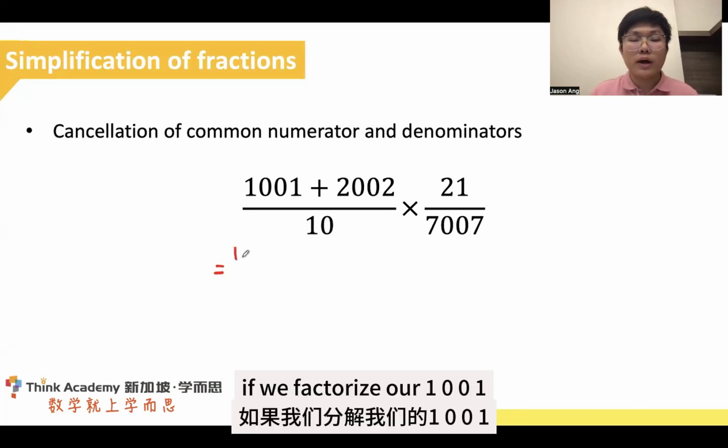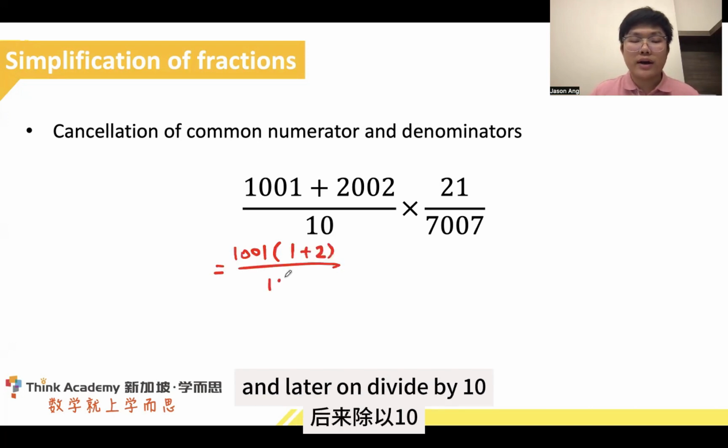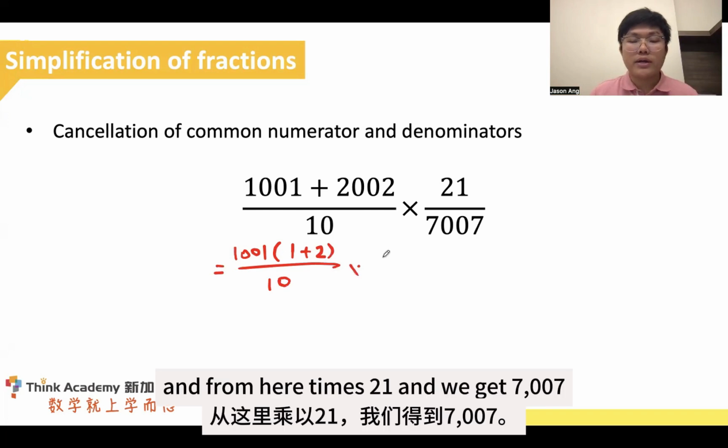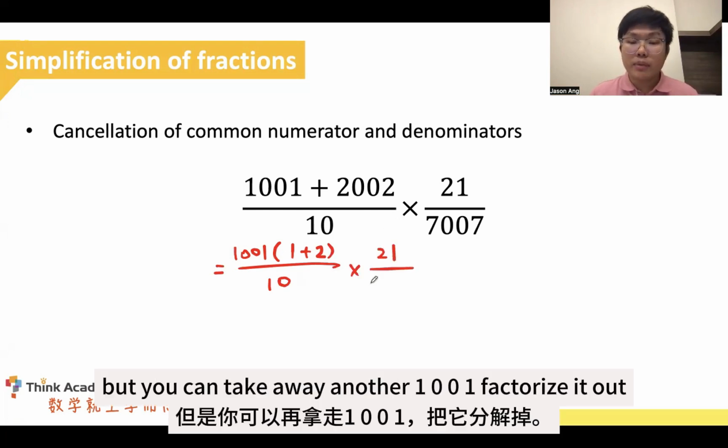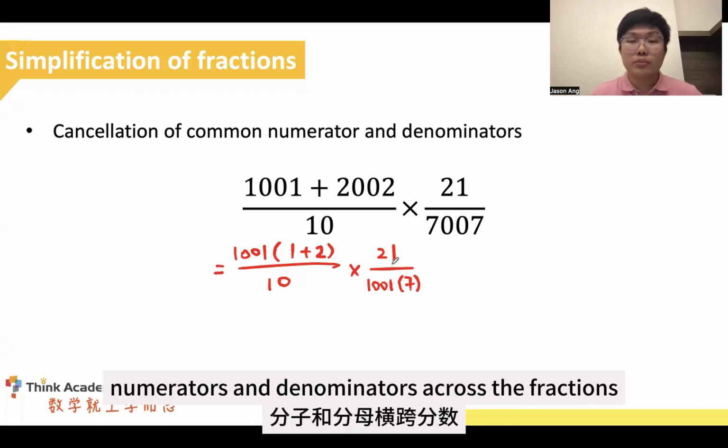If we factorize out 1, 0, 0, 1, we get 1 plus 2, and later on divide by 10. And from here times 21, and we get 7,007, but you can take away another 1, 0, 0, 1, factorize it out, and we notice suddenly something is common between our numerators and denominators across the fractions.